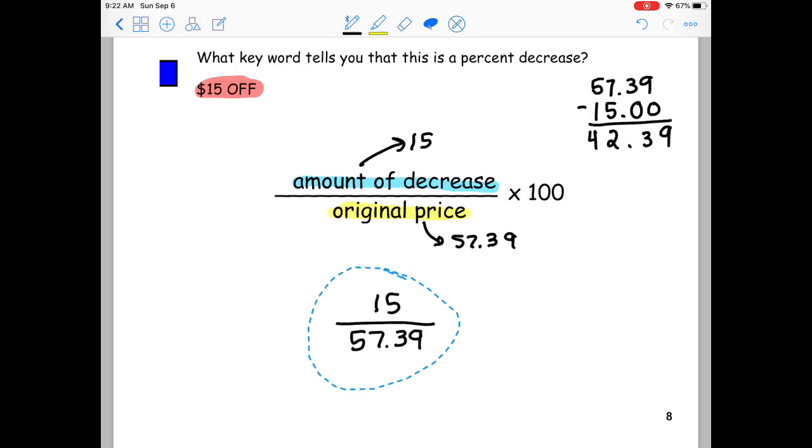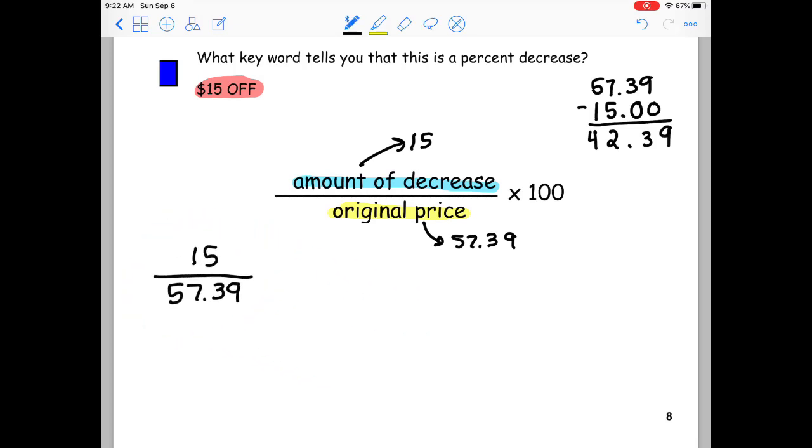Let me go ahead and move this. So we have 15, and we're dividing it by 57.39. So we need to figure out how many times 57.39 can go into 15. Well, we know it can't. So we're going to have to add a decimal and some zeros to bring down.